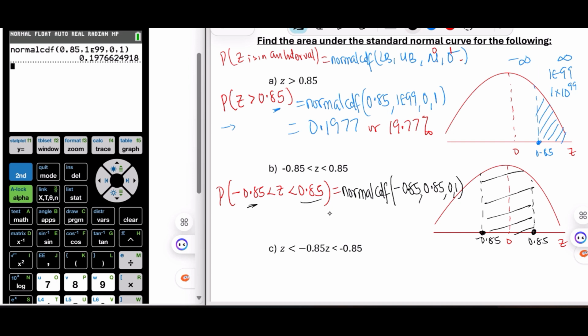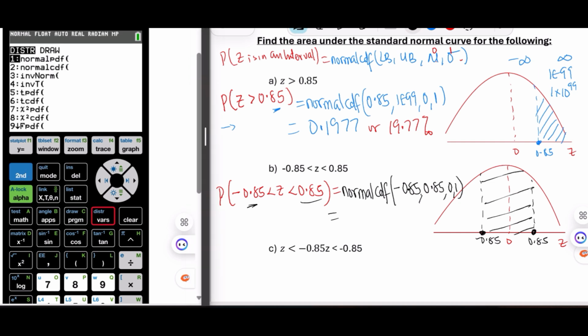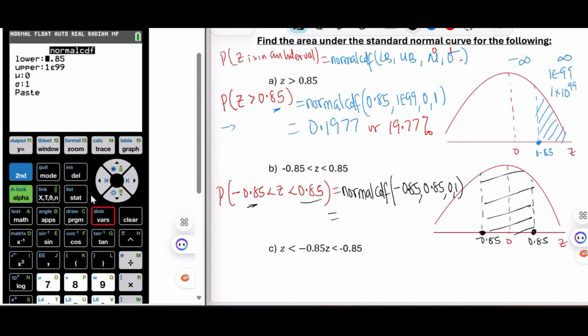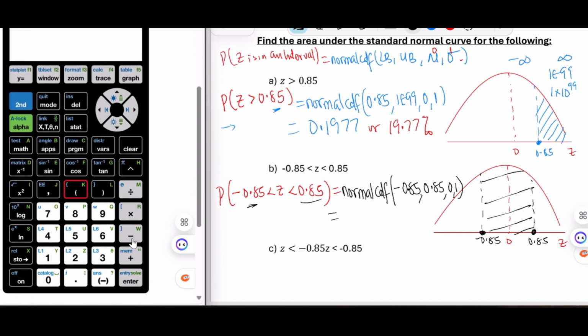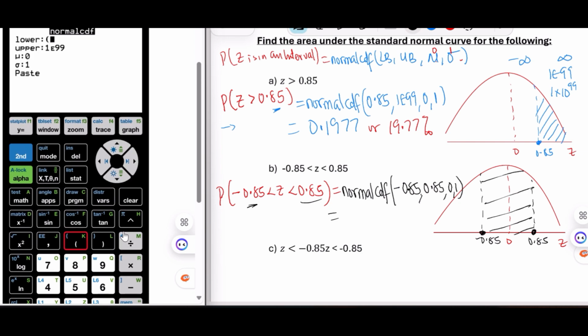Okay, now getting this probability from the calculator using the same approach, we have second distribution, normal CDF. So here we have the lower bound to be negative 0.85. Now, to get the negative, don't use this negative sign.